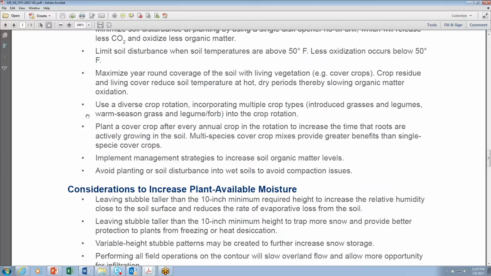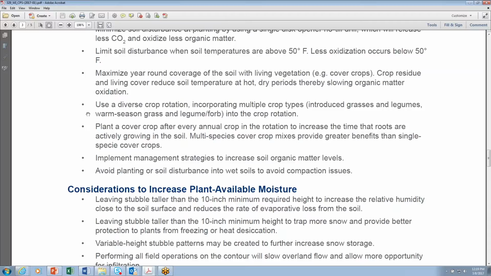Obviously, all of our practice standards have a direct relationship on each other. Just like everything else, the no-till standard, you really have to be doing a good job with nutrient management and keeping things in place as far as nutrient needs and then pH levels. That's going to be highly beneficial.